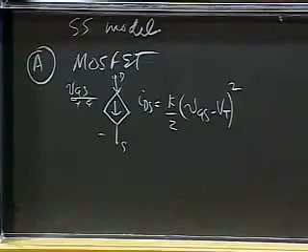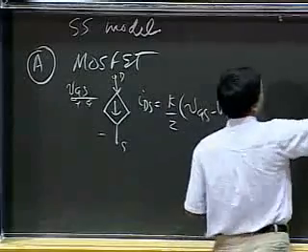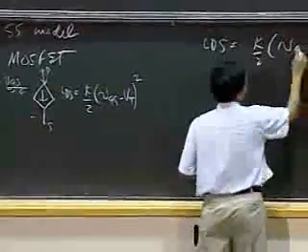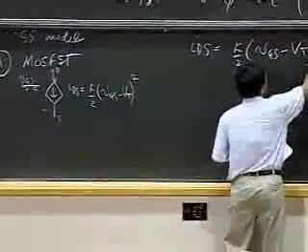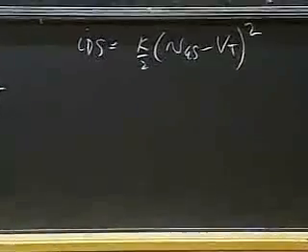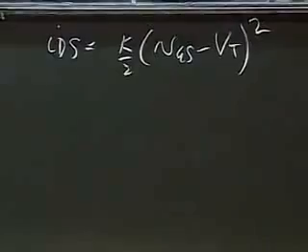So what's a corresponding small signal model? I go ahead and start with this. The corresponding small signal model simply says that IDS relates to VGS in the following way.